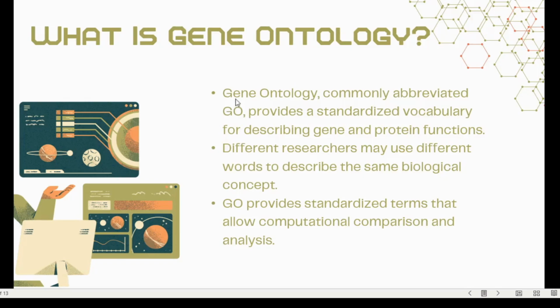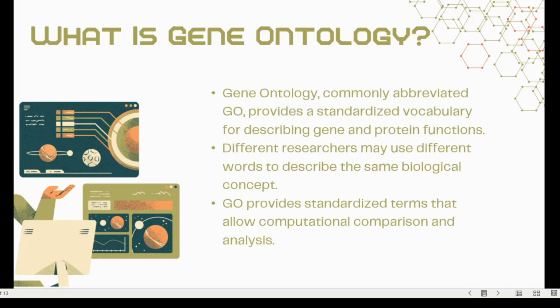See, gene ontology, commonly abbreviated as GO, provides a standardized vocabulary for describing gene and protein functions. Basically, it's a collection of vocabulary, a kind of searchable dictionary.